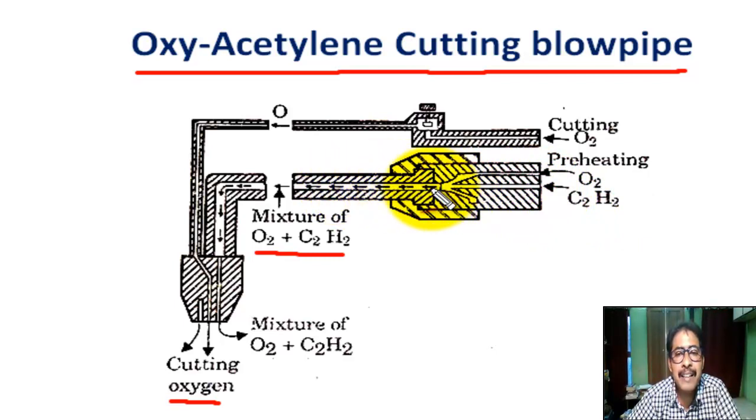Here mixing is done. Approximately equal proportions are burned at the small jet.